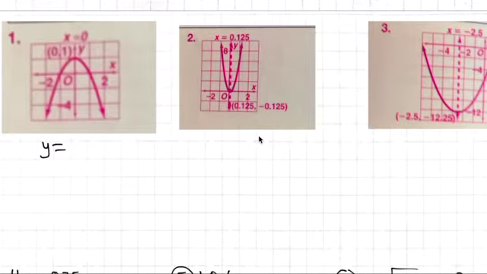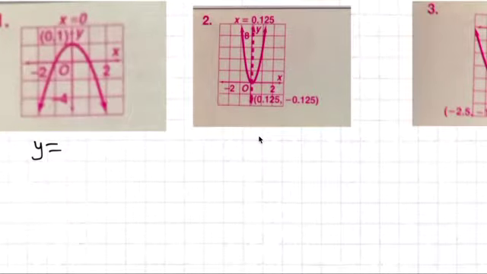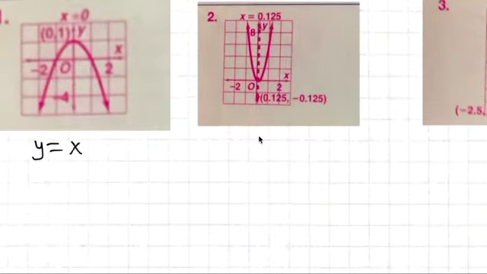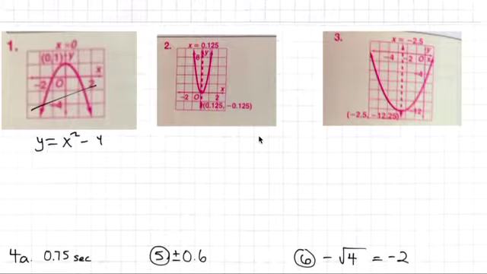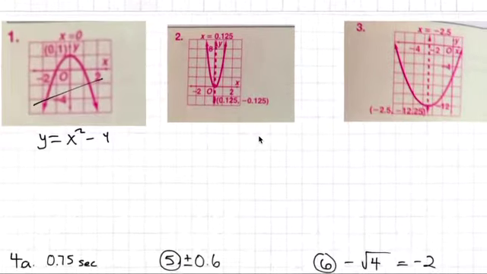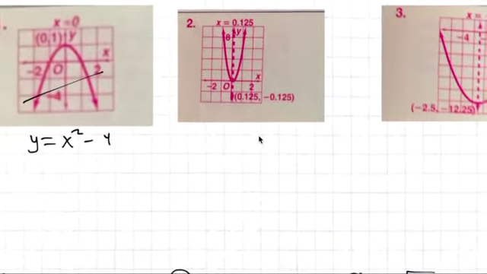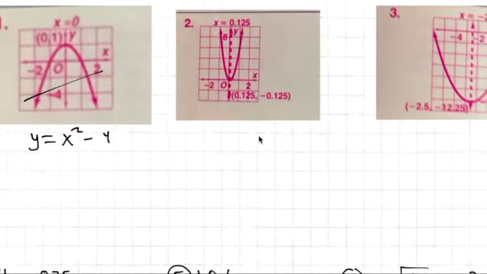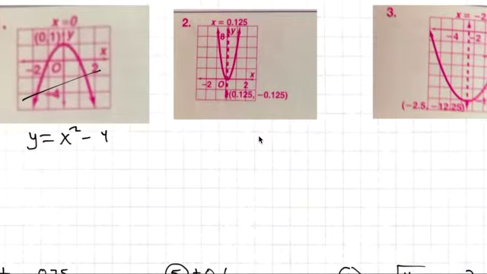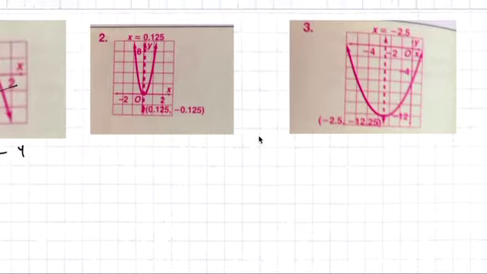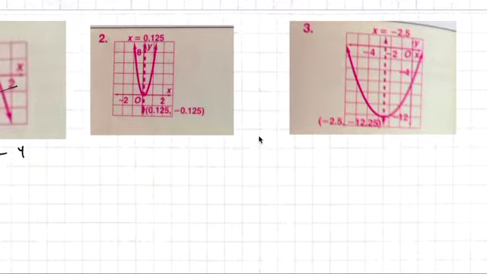This looks like the wrong answer. It's facing down when it's x squared minus 4. This is the wrong graph. Okay, 2 looks right. And 3 looks right.